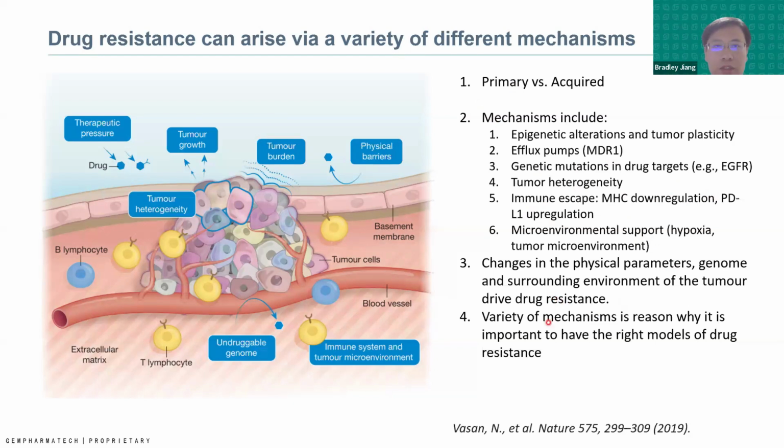In summary, changes in the physical parameters, the genome, and the surrounding environment of the tumors drive drug resistance. This variety of mechanisms is the reason why it is so important to have the right models of drug resistance.